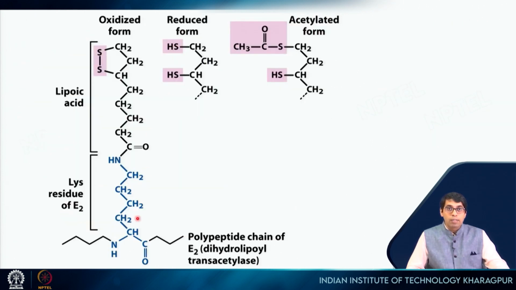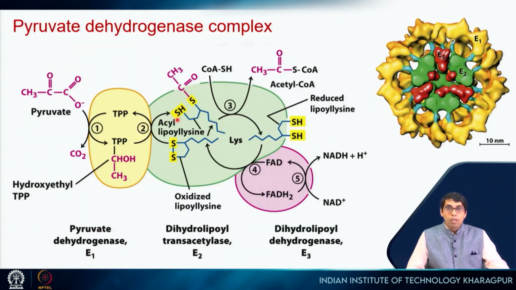So, you can see it in this structure. So, this is a long chain. So, it is a very flexible part. So, it swings from this position to this position, right. And when it does that, this acetyl group is handed over to coenzyme A, right. So, now coenzyme A becomes acetyl coenzyme A and we have this reduced lipolysine.